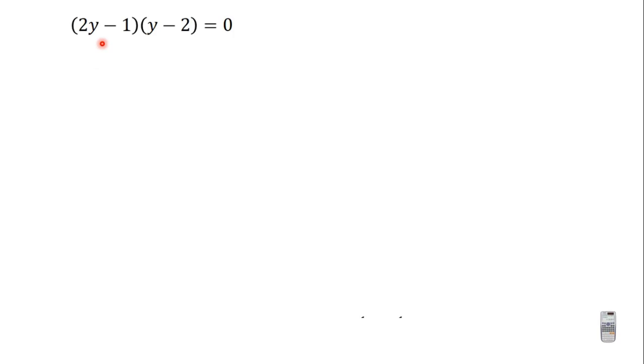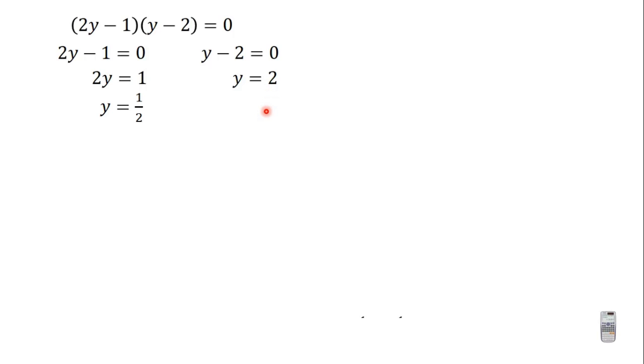We equate the first bracket to 0. So we have 2y minus 1 is equal to 0, 2y is equal to 1, y will give us 1 divided by 2, or half. We equate the second bracket also to 0. So we have y minus 2 is equal to 0, y is equal to 2.